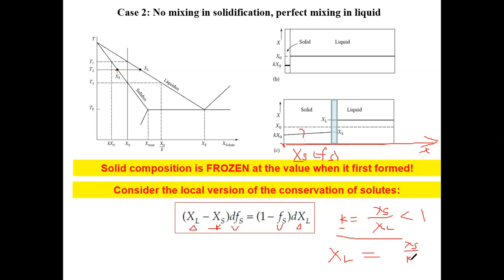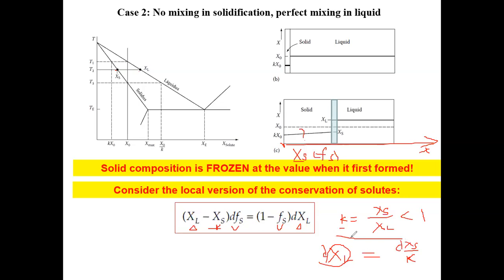So this relation holds for the entire solidification process, which means you can simply replace Xl in these equations, and also dXl, because K is a constant. You can replace Xl with Xs over K on the left-hand side, and dXl with dXs over K on the right-hand side.